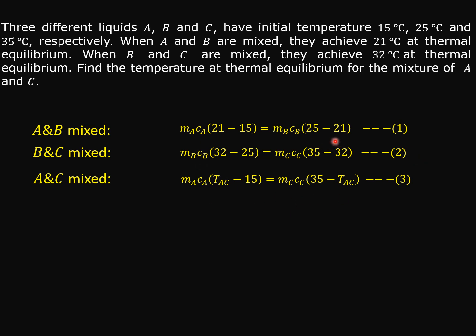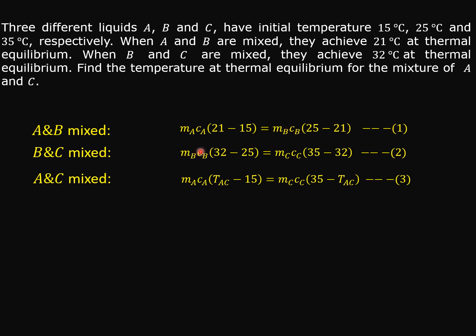We look at these two equations. For the first equation, there's a relationship between MACA and MBCB, and equation number 2 is between MBCB and MCCC. So these two equations are connected through the MBCB.